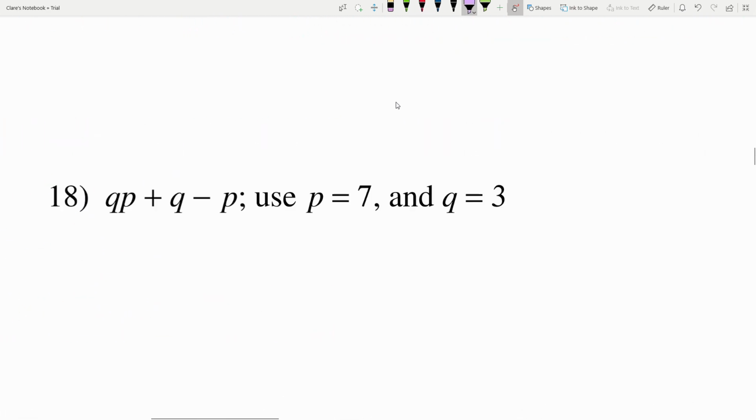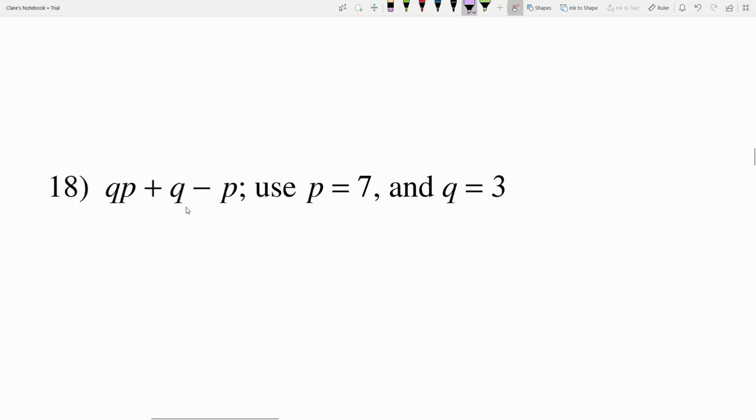And number 18, I have q times p plus q minus p as my expression. I'm going to plug in 7 for p, and I'm going to be plugging in 3 for q. So we'll get 3 times 7 plus 3 minus 7.